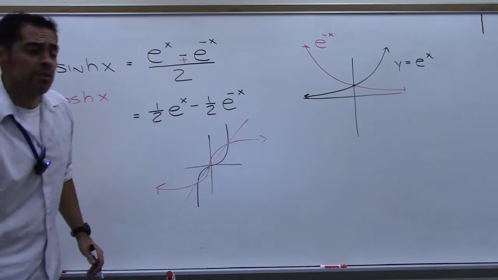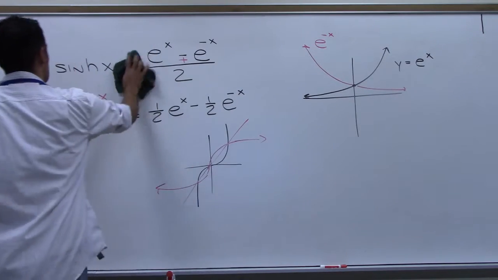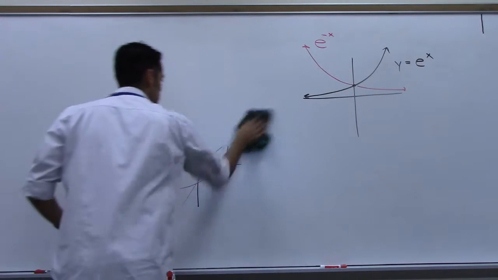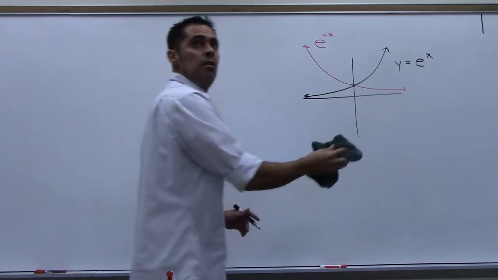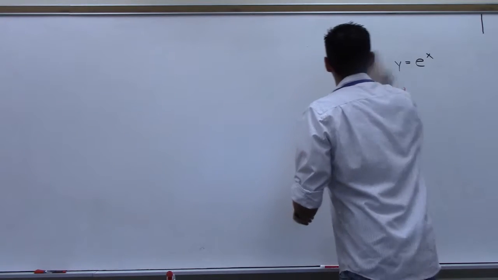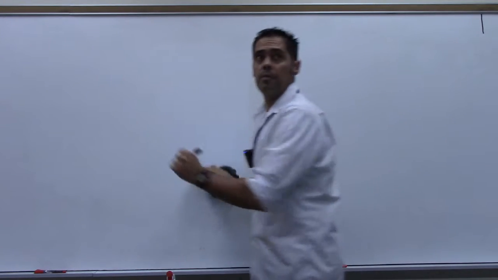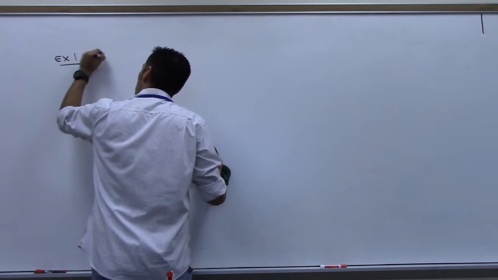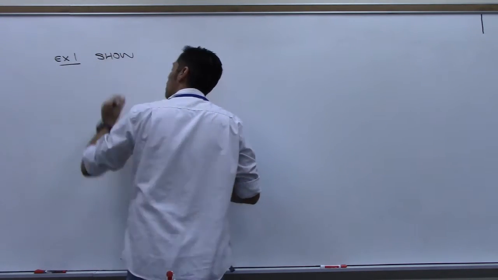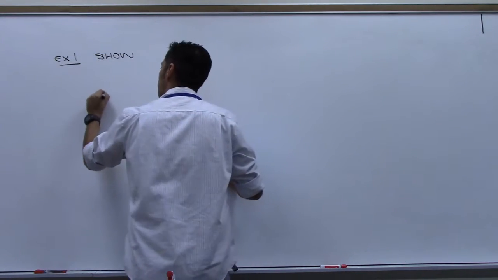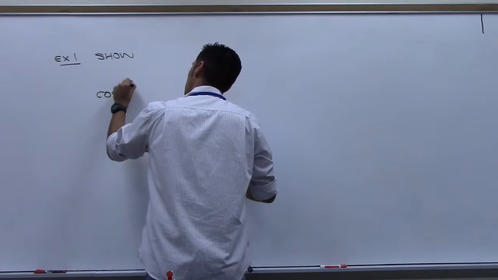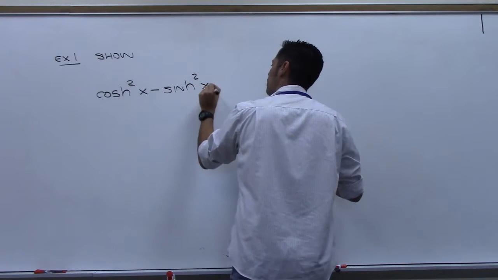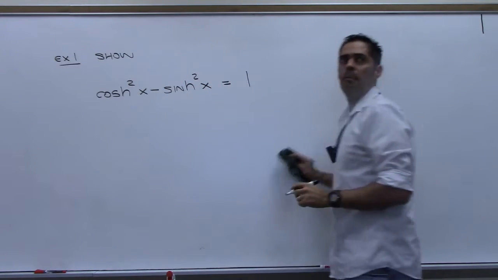So here's the first example for today that I'm going to do on the board. I would like for us to show that this equation is true. All right, so example 1, I want us to show that cosine hyperbolic squared x minus sine hyperbolic squared x is equal to 1.